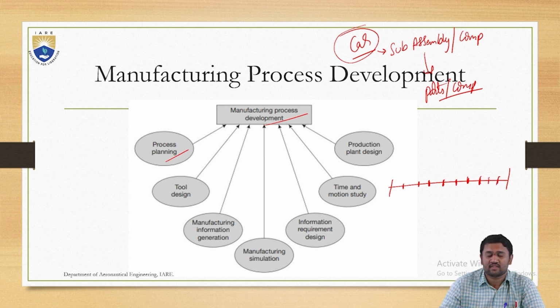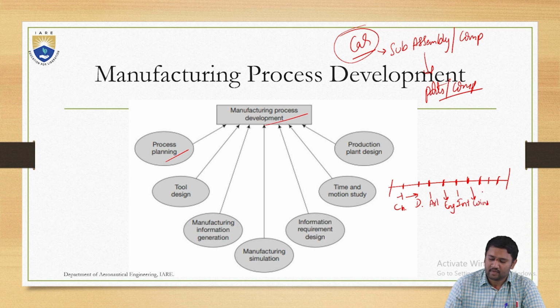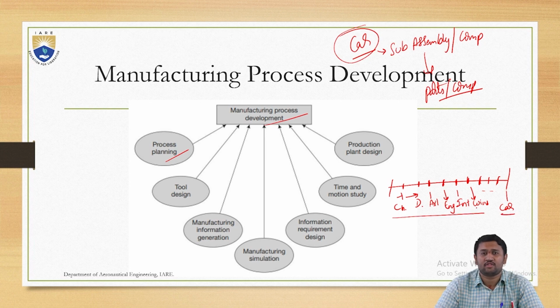First we will assemble a chassis, then doors, next axles, next engine, next interior, next windshield, and so on to get your final product, a car, right? So these are all the sub-processes that you will take care of in order to get your final product, which is a car.